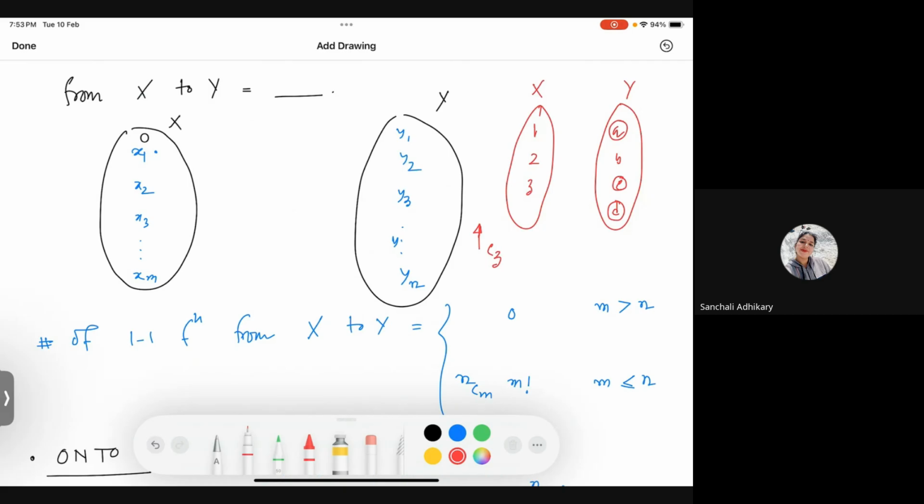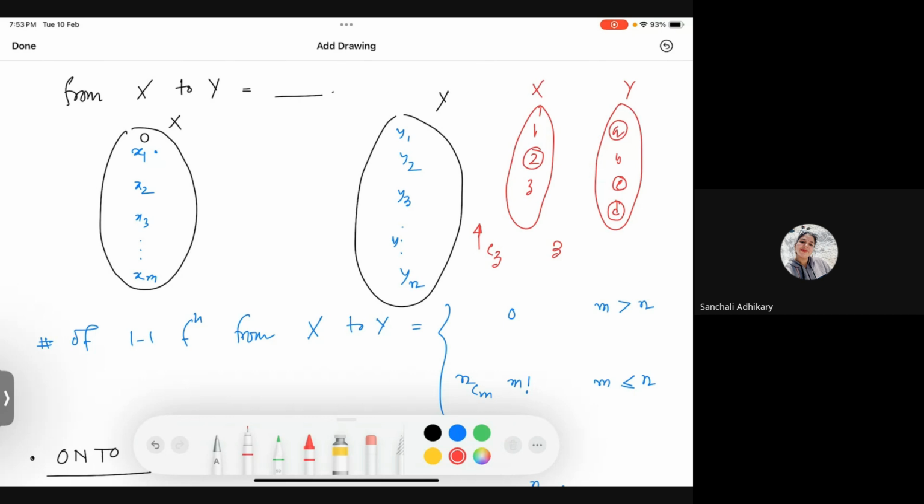Now one has three choices. One can go to A or C or D. So it has three choices, right? But two has two choices. Why?